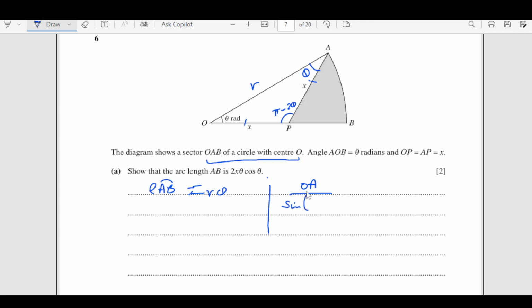So, I am taking here OA over sin pi minus 2 theta will be equal to x over sin theta, one side divided by the sine of the opposite angle. Now sin pi minus 2 theta is sin 2 theta, and this is equal to x over sin theta.